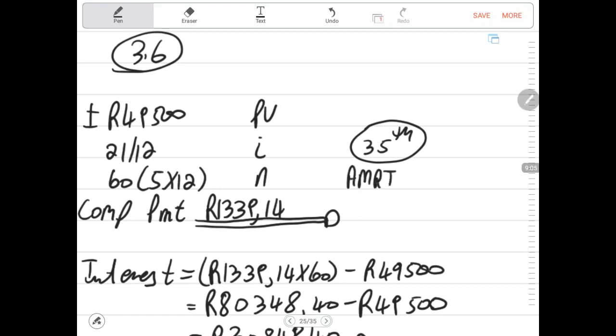Our calculator can help us with that, and that function is called AMRT, which is called amort. So if I know how much I will be paying, and I know I'll be paying for a period of 60 months, and I know the interest and the PV, I can also check how much my balance will be after 17 or 35 payments, whatever the number could be.